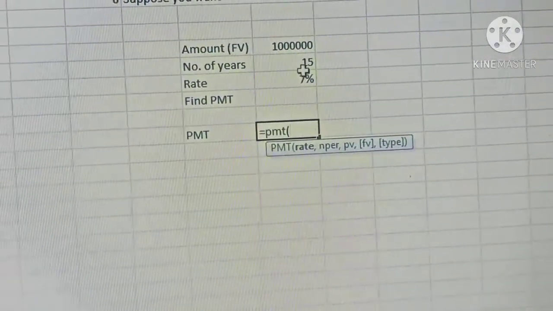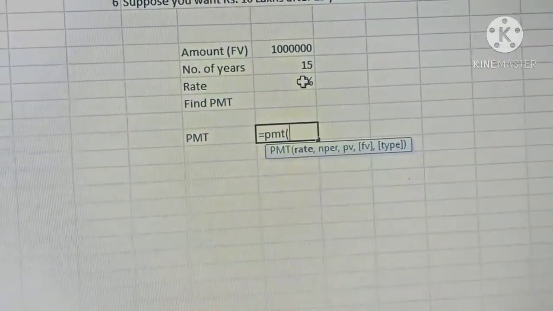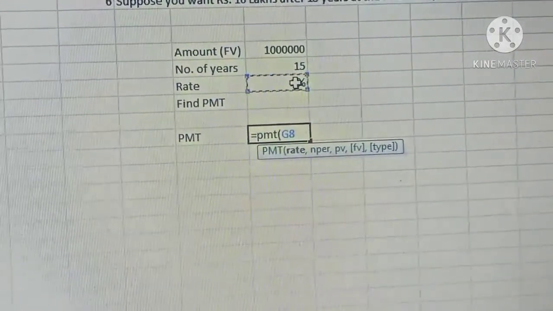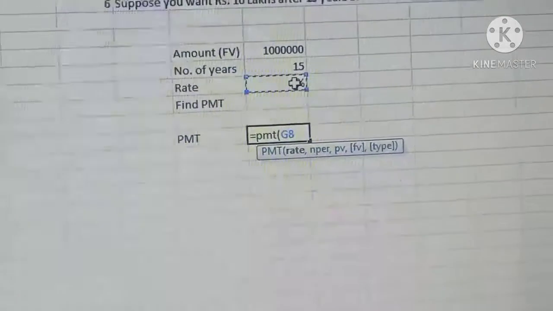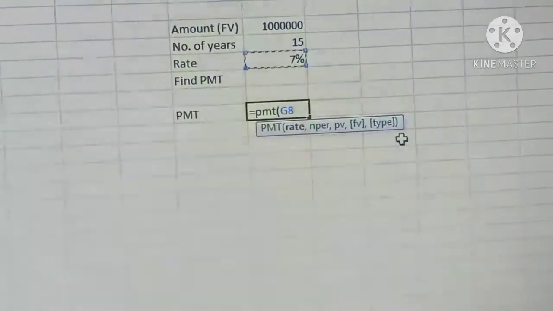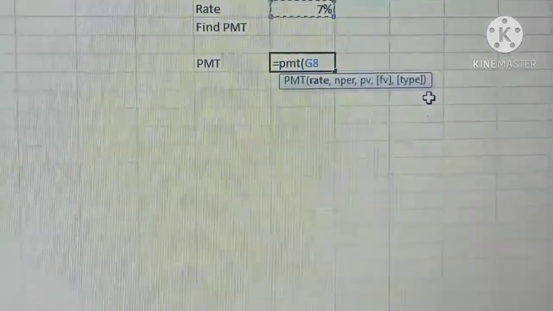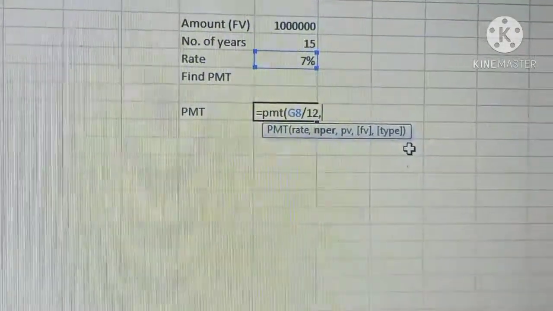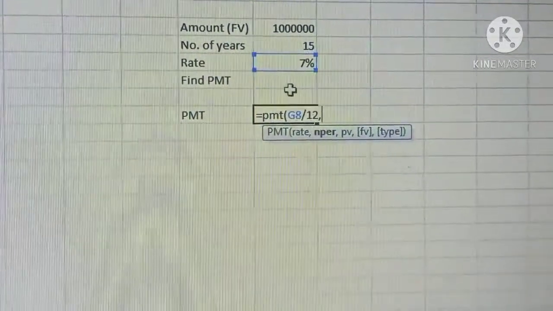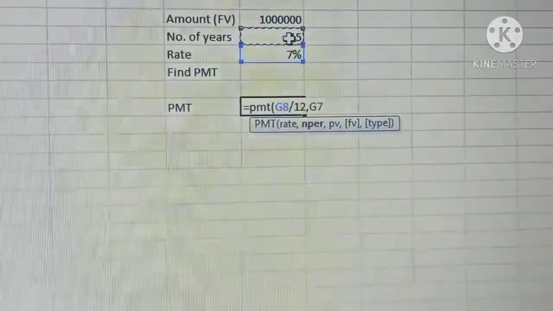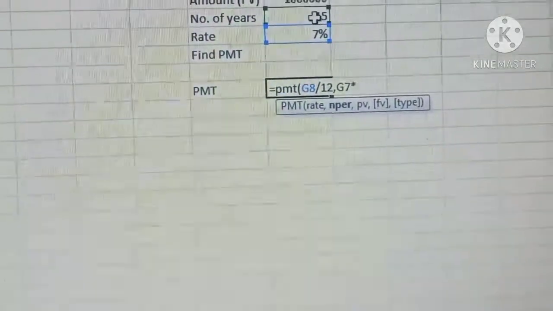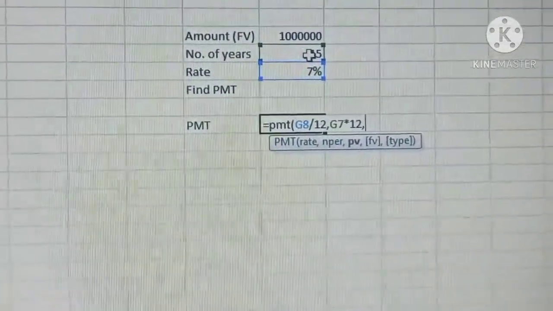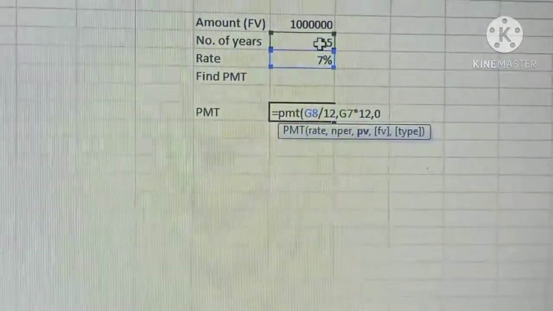So your rate of return is 7%. We'll divide it by 12 because you need to find the amount invested every month. You are investing it for 15 years, so into 12. PV is 0 because you are not investing anything in lump sum.